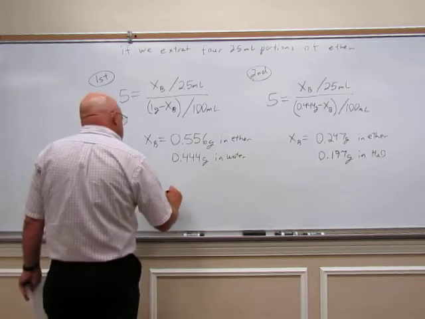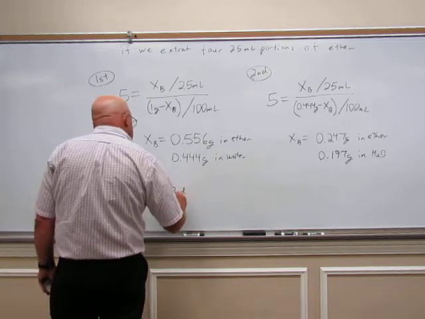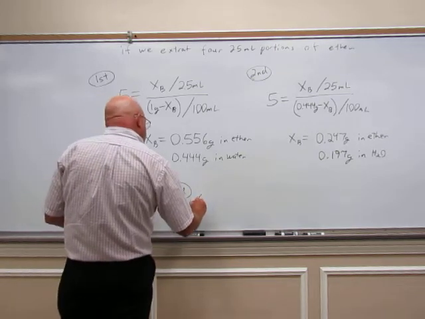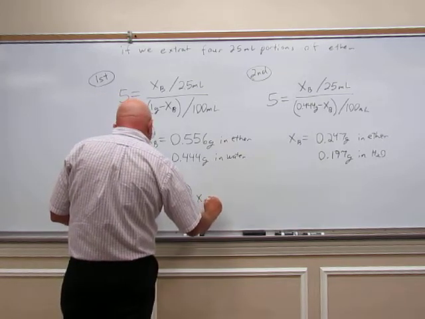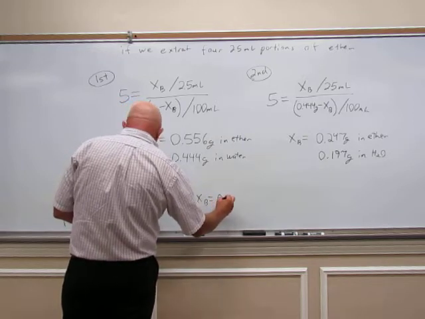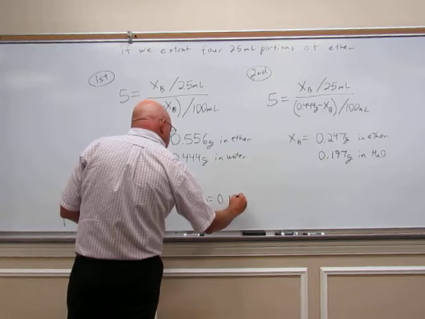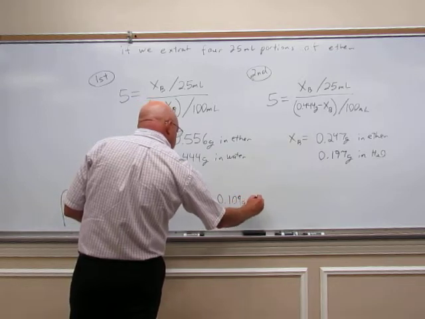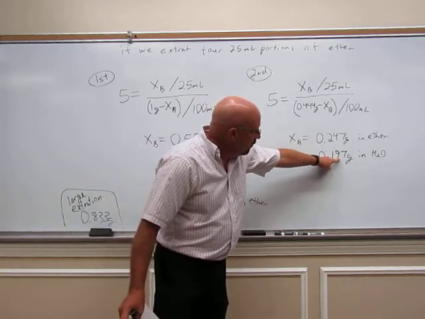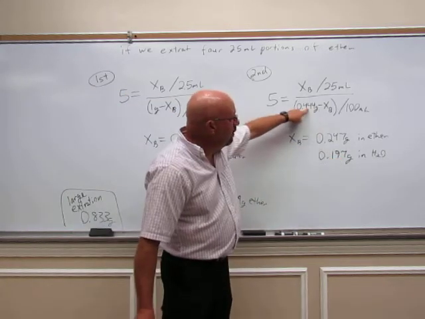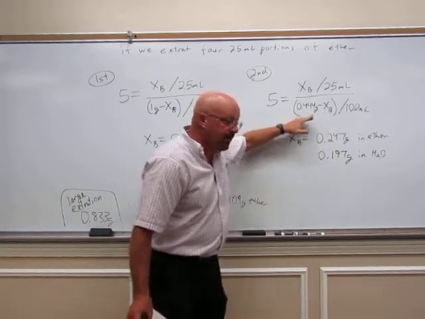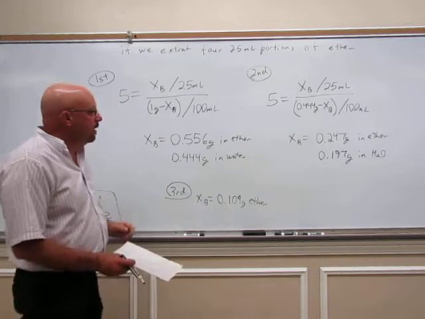If you do a third extraction, you'll solve for X and you'll come out with 0.109 grams in the ether layer. Now don't forget, this was our water. You'll have to put that in there at the bottom now. Not the 0.444, you'll put the 0.197 when you do this calculation.